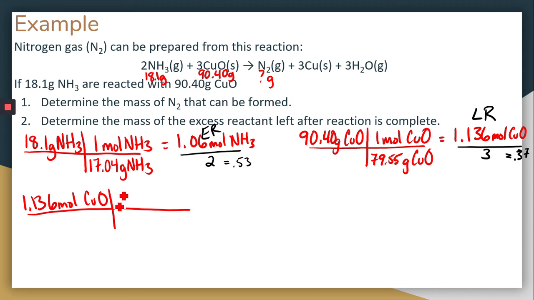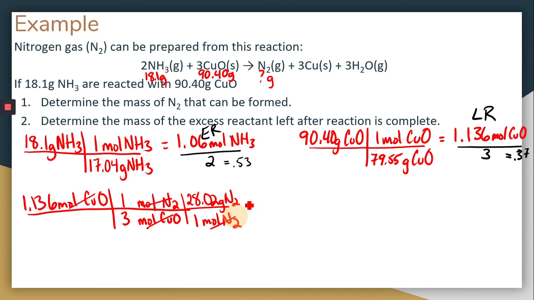You don't have to. Once you're in moles, though, you can go from moles of copper 2 oxide to moles of nitrogen. And based on our balanced reaction, the coefficient for nitrogen is 1, and the coefficient for CuO is 3. So moles would cancel. That would give me moles of nitrogen, but we want grams of nitrogen, so we're going to go one more time. 28.02 grams of nitrogen.